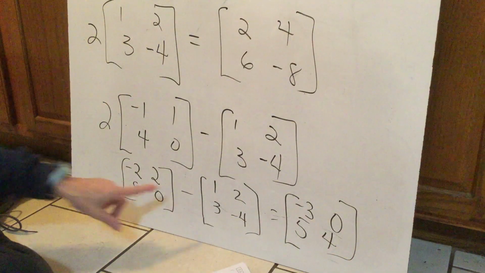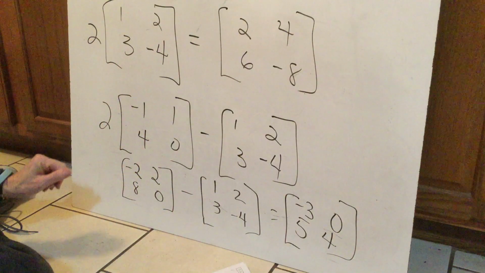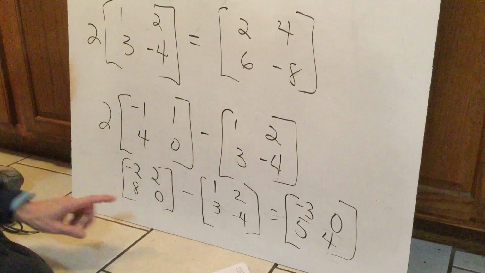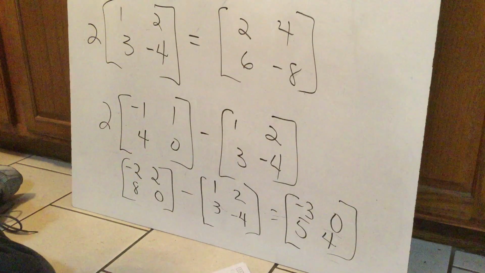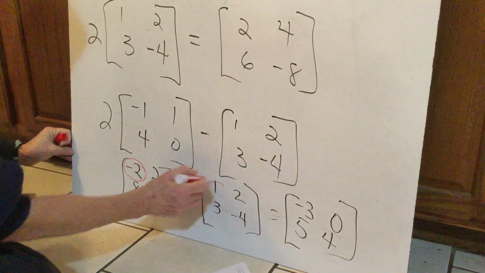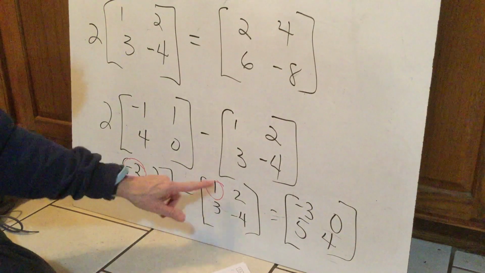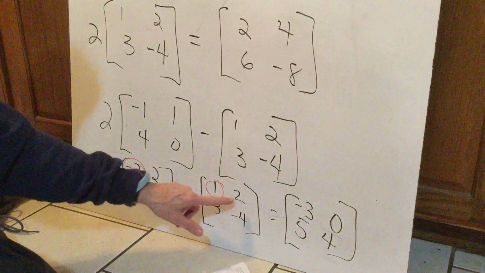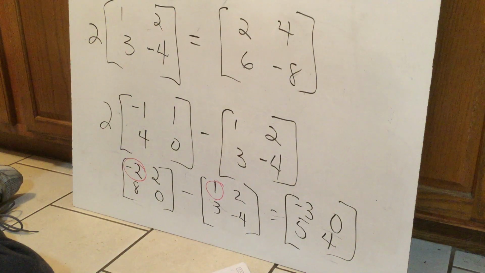So when we subtract matrices, once we've distributed the scalar, we do it by corresponding entries. This guy and this guy are corresponding entries. They're in the same spot. So we subtract them. Same thing here, here, and here. And that's your answer.